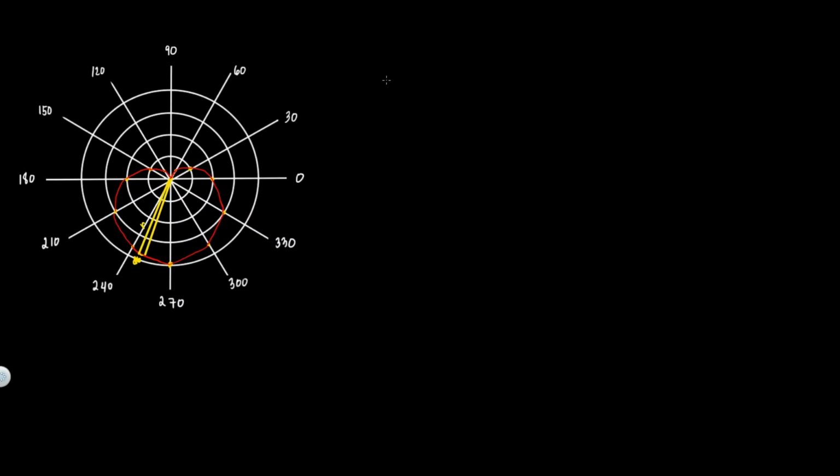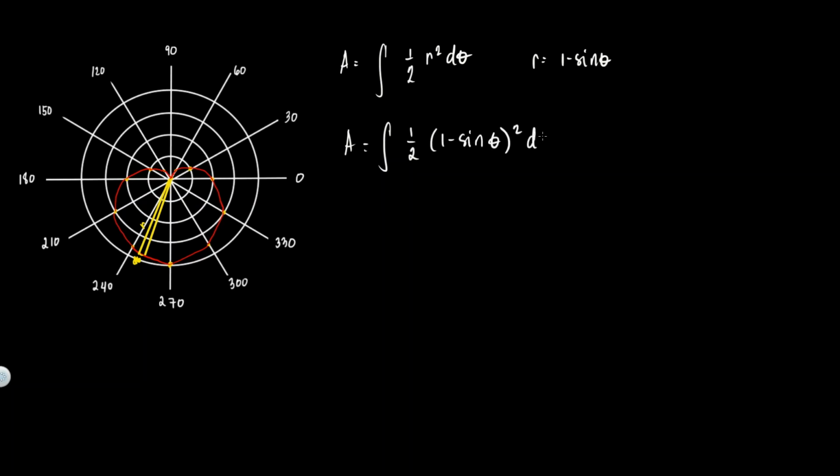Okay, area is equal to the integral of 1/2 r squared d theta. And r is 1 minus sine theta. So, substitute lang natin yung r, which is 1 minus sine theta. So, the area will be 1/2 times quantity 1 minus sine theta squared d theta.